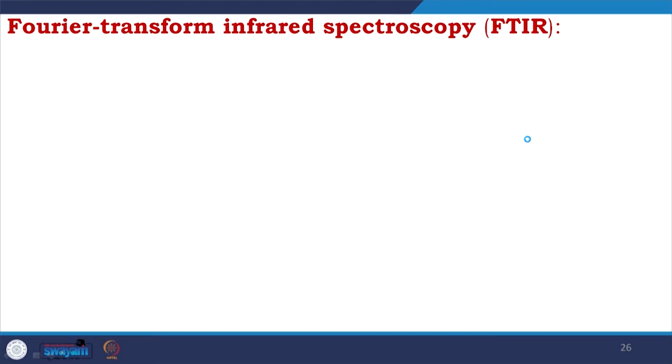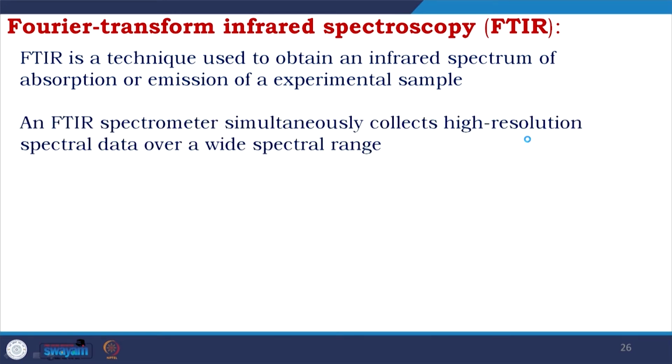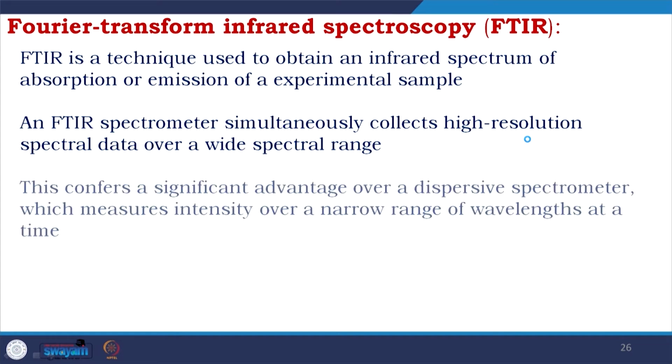Fourier transform infrared spectroscopy, FTIR. FTIR is a technique used to obtain an infrared spectrum of absorption or emission of an experimental sample. An FTIR spectrometer simultaneously collects high resolution spectral data over a wide spectral range.